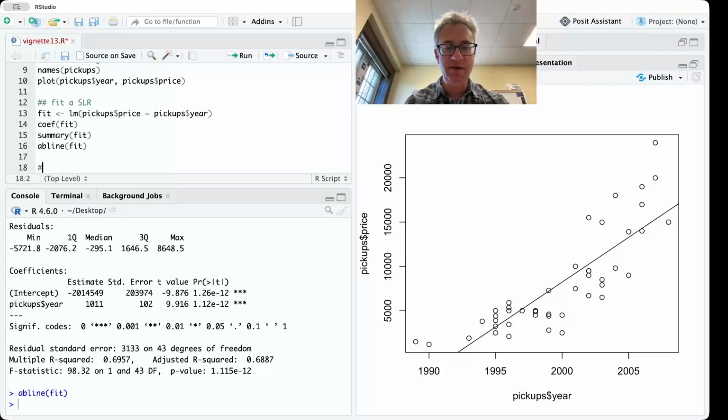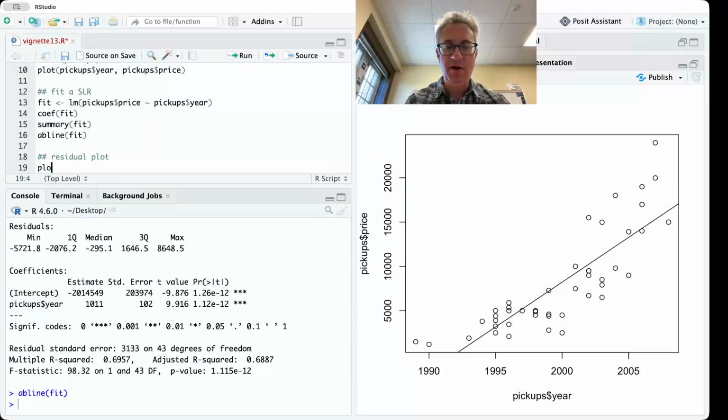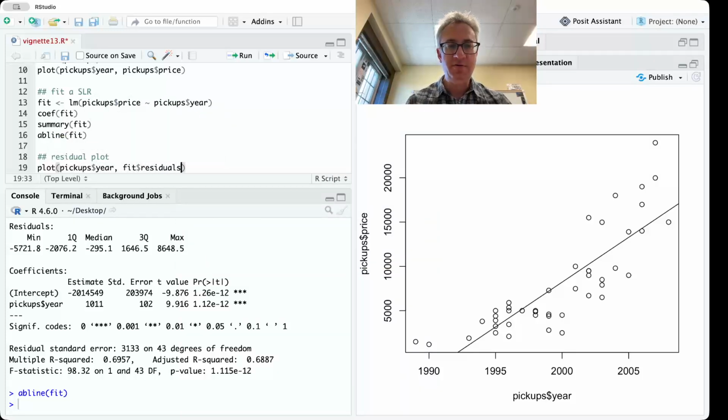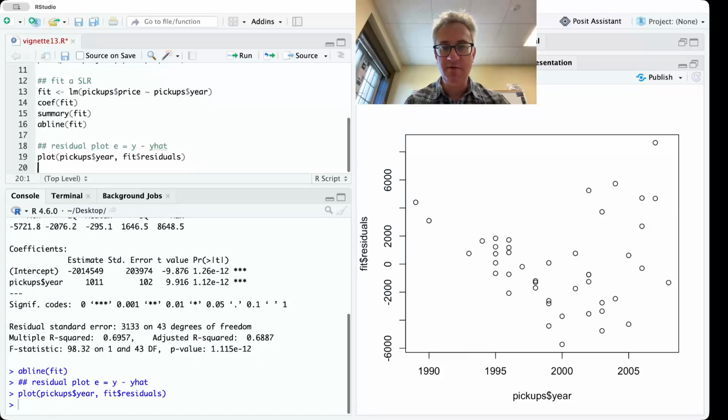Another good way to see that is with what's called a residual plot. If I plot pickups year as X, but then I look at the residuals. So remember, residuals are e, which is y minus y hat, where y hat comes from the fitted line. We did talk about that in chapter 7.